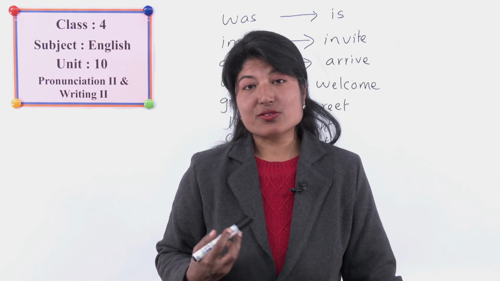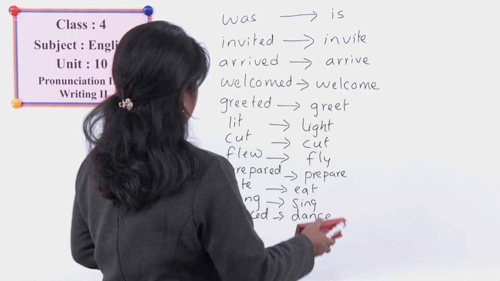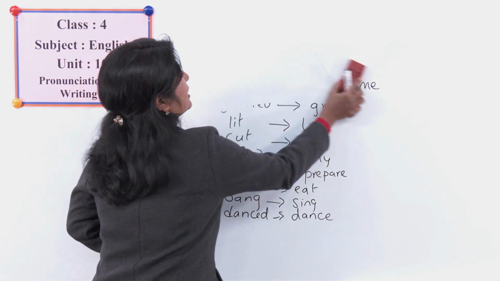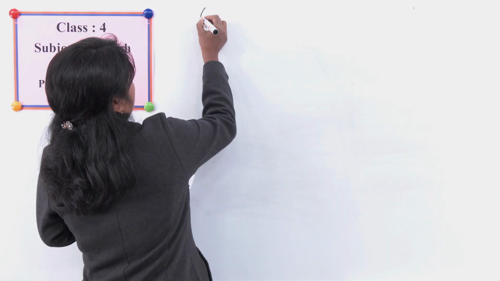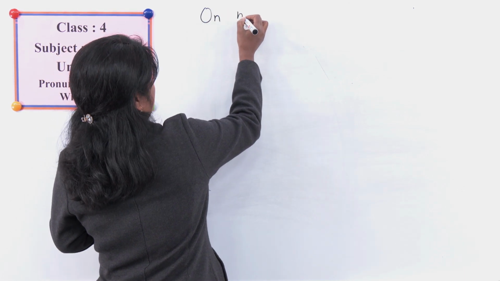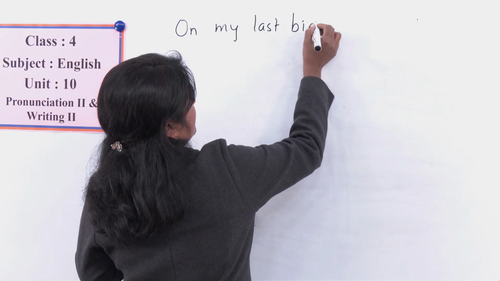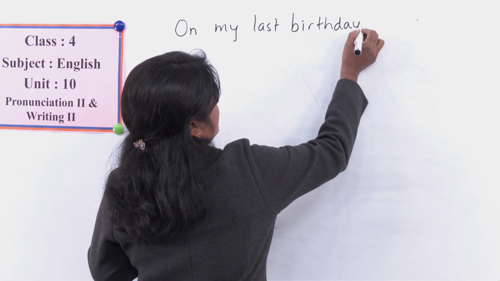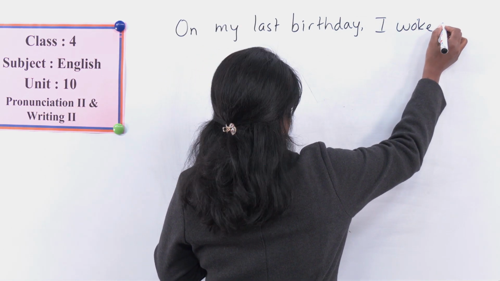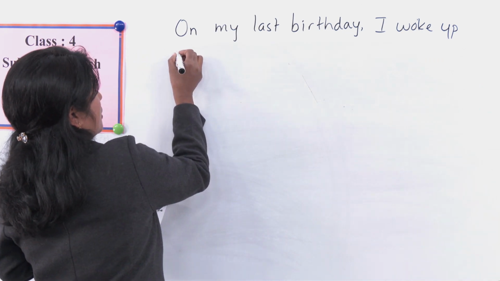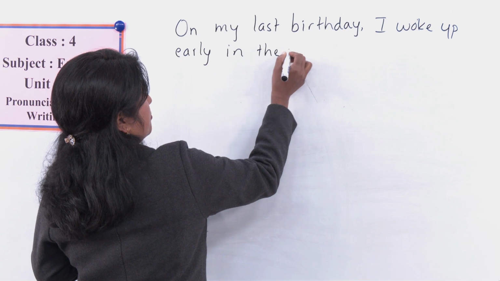Do you want me to write about my own birthday of last time? Okay, I am going to write it on the board. Short paragraph. On my last birthday, I woke up early in the morning.